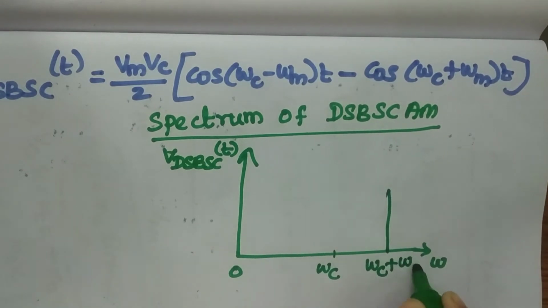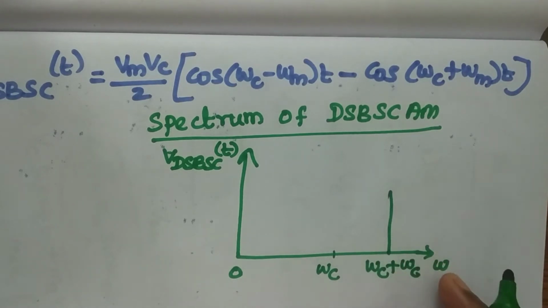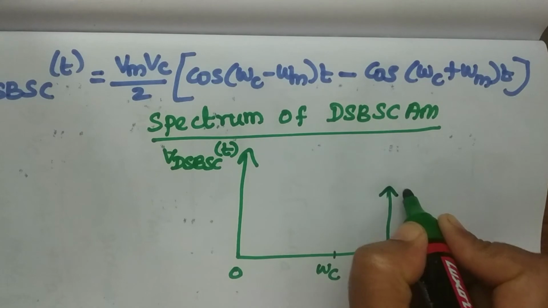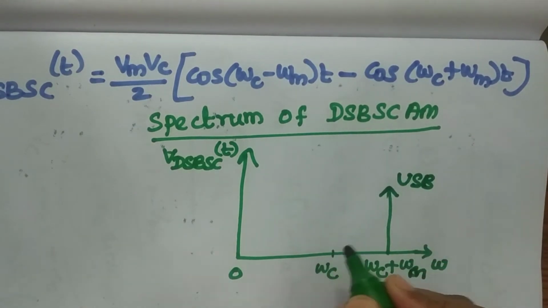The omega c plus omega m term is available. If you are taking frequency, it is nothing but fc plus fm, isn't it? So omega c plus omega m. This is USB. There is no carrier in that.